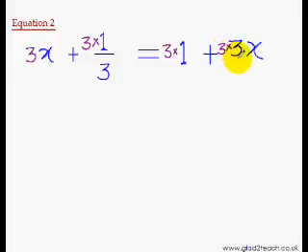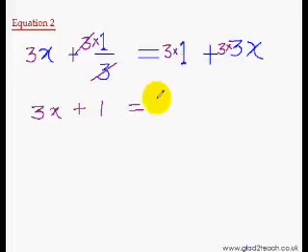Now as soon as we do that, this 3 in the denominator, which was giving us trouble, immediately cancels out. And now this is a very easy equation which you are already an expert at solving, isn't it? I'll put down this equation. 3x plus 1 equal to 3 plus 9x.